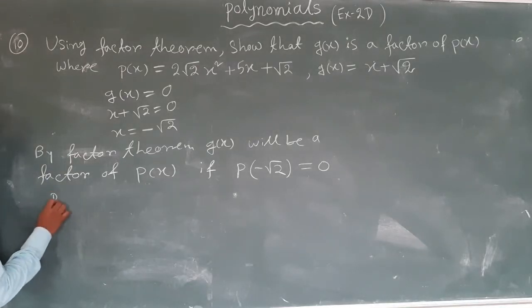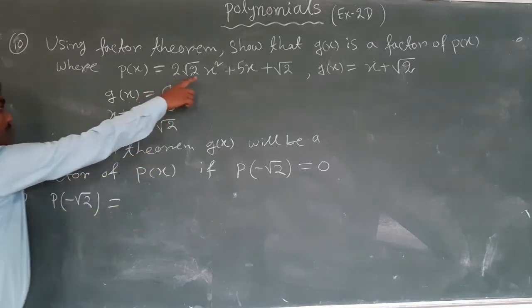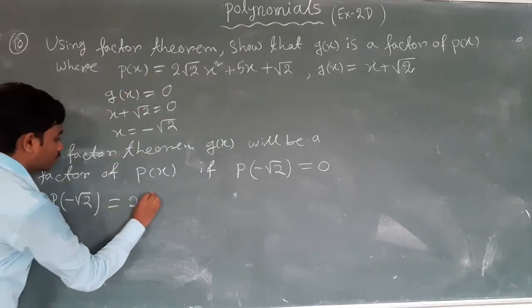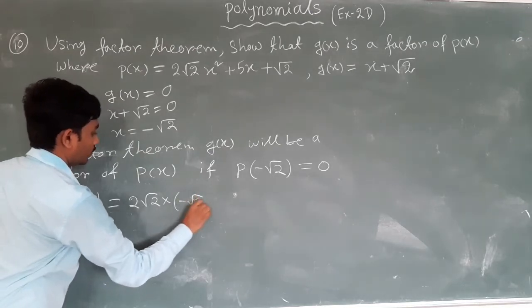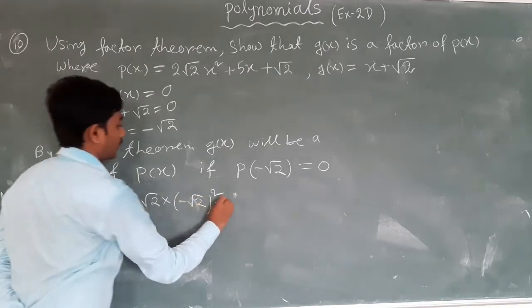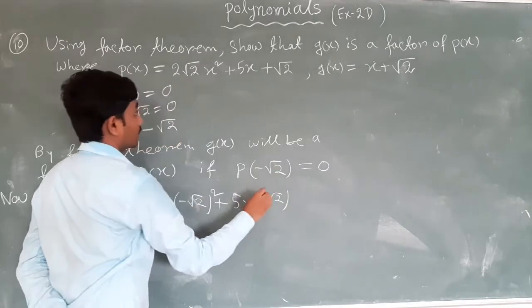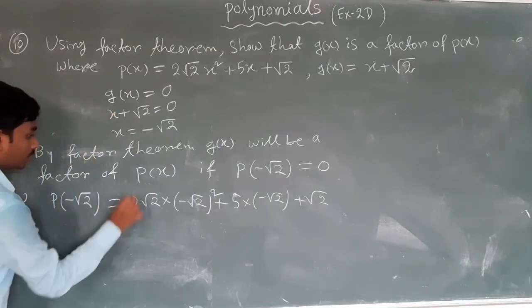So p of minus root 2 is equal to, we put minus root 2 in place of x in the polynomial p(x). So 2 root 2 into minus root 2 whole square plus 5 into minus root 2 plus root 2.